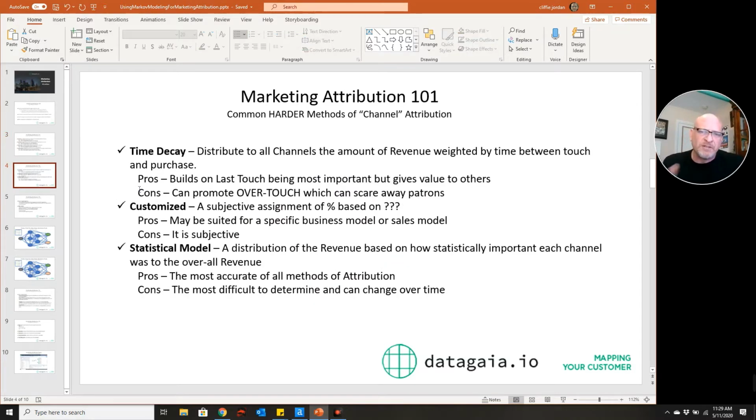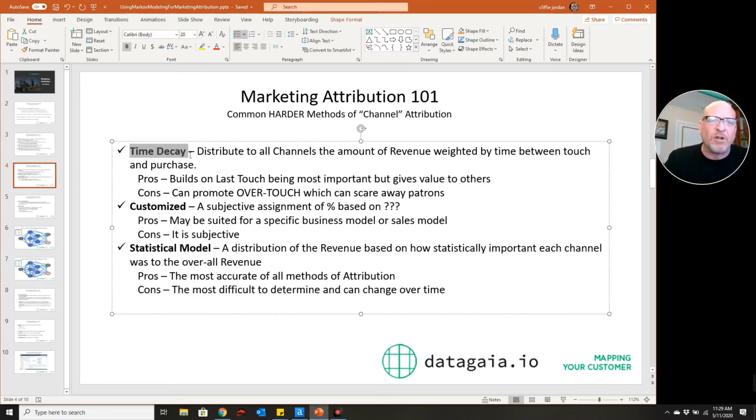Now let's go to some of the more difficult ones. One that's quite popular is called time decay. The whole idea of time decay is that each of your channels applies towards the total sale for the customer, but the channel's worth depends on how far the touch was from the purchase.